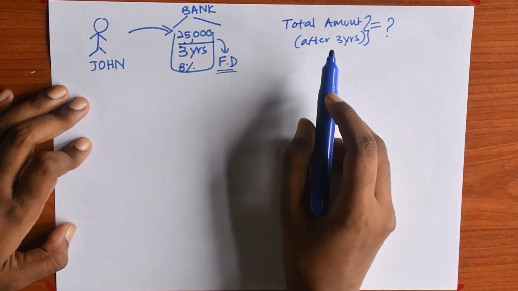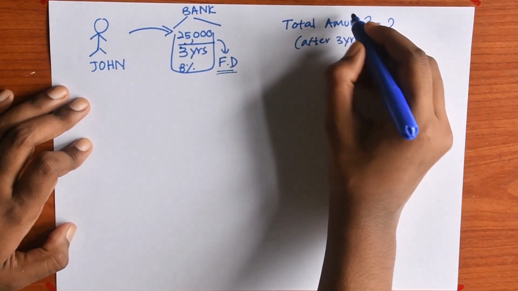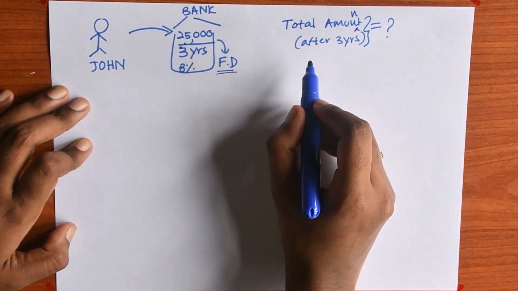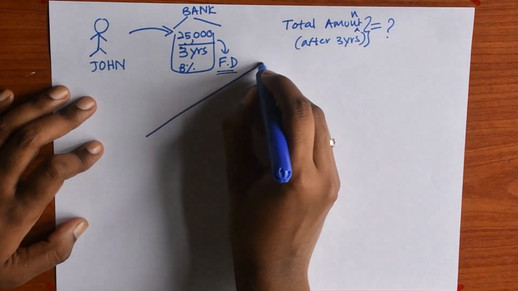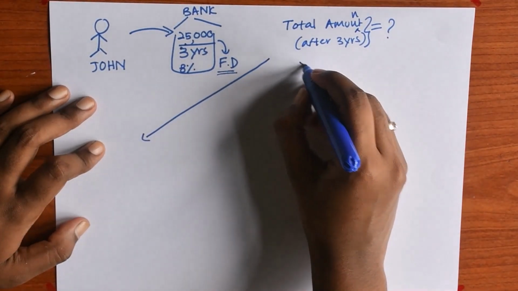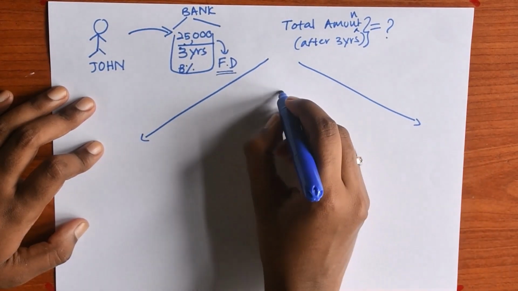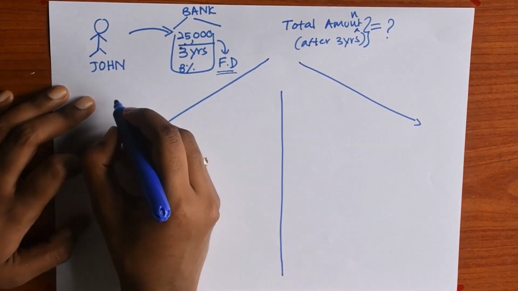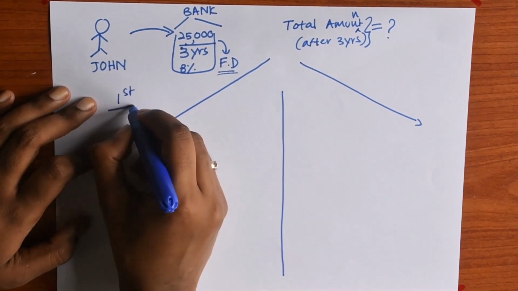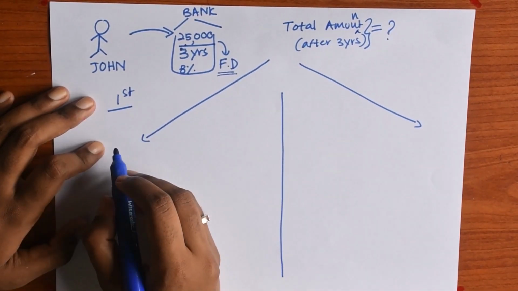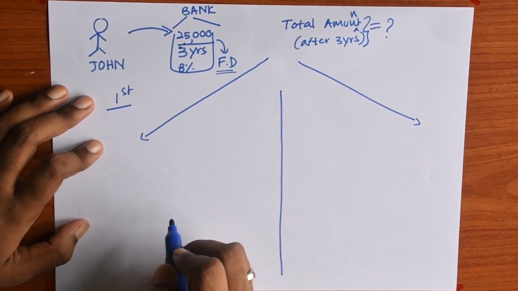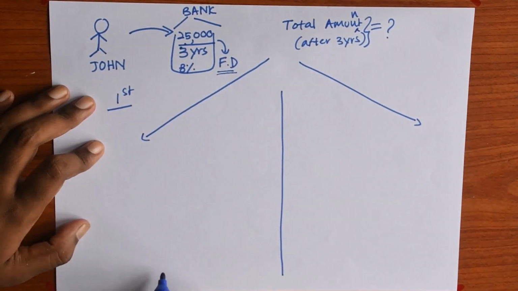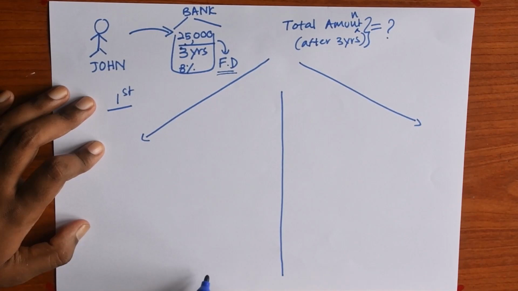To calculate the total amount that John will receive at the end of 3 years, we have two methods. The first method, what we do in the first method is we calculate the total amount he would get at the end of each year, and we finally find the total amount he would get after 3 years.